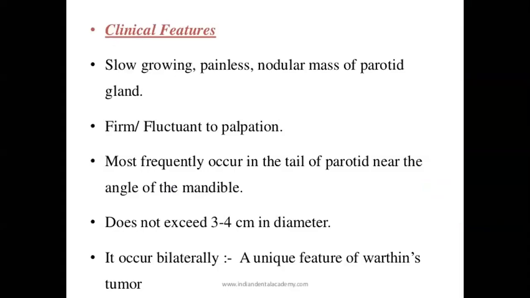Unique features: it is a slow growing, painless, globular mass of the parotid gland, firm, with fluctuation on palpation. Most frequently it occurs in the tail of the parotid near the angle of the mandible. It does not exceed 3 to 4 centimeters in diameter. It occurs bilaterally, a unique feature of Warthin's tumor.